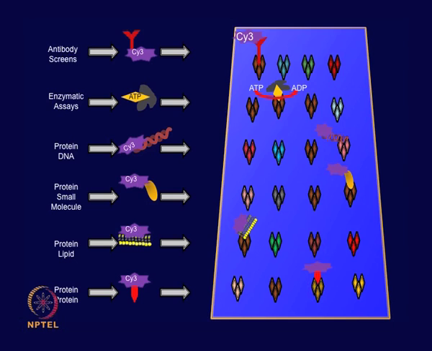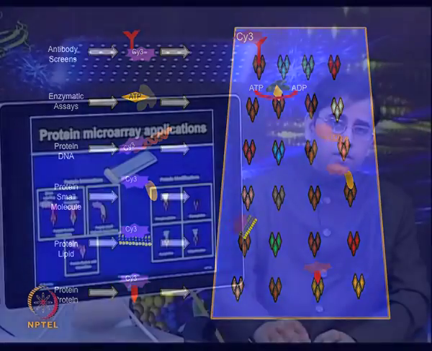Protein chips have also been used for drug and drug target identification as well as kinase substrate identification. I will try to give you a few studies in more detail, as well as a few studies just to make you familiar with the different types of applications one can pursue using protein microarrays.